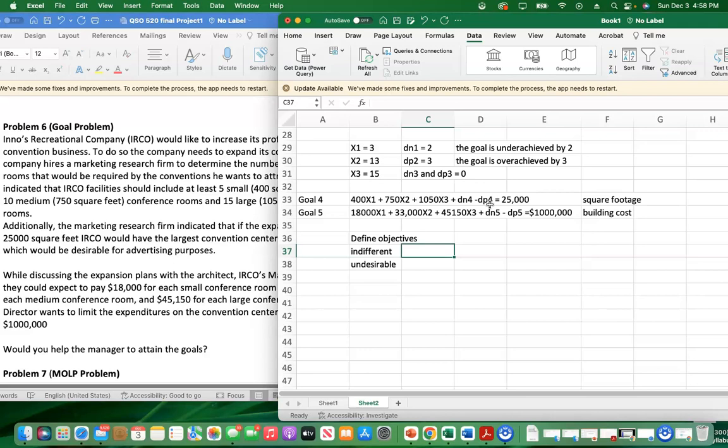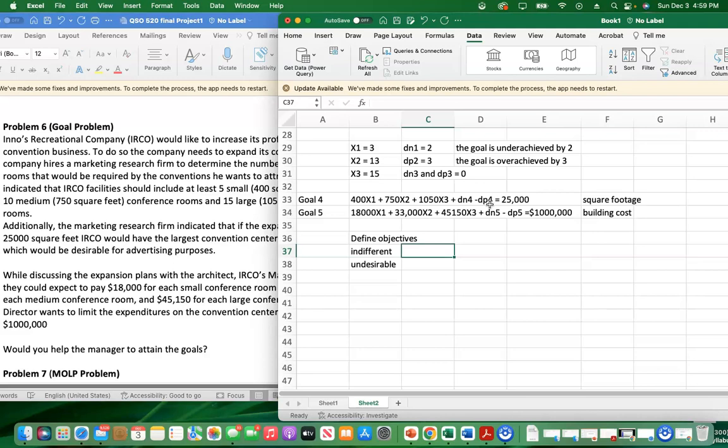In this case, the company doesn't have to add more than 25,000 feet because already having 25,000 feet is good. Getting more square feet would actually be undesirable. It's just spending more money for no apparent reason.